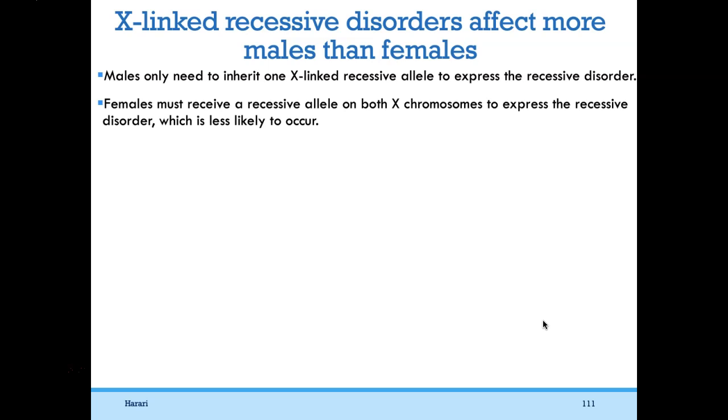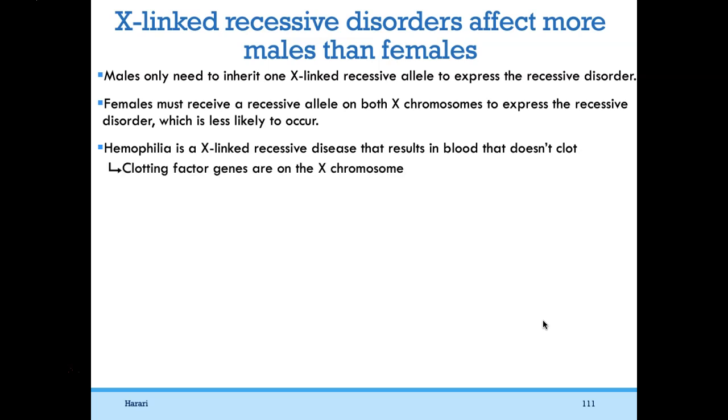Females must get 2 bad X chromosomes to express the recessive disorder, and that's less likely to occur. So what we see is X-linked recessive disorders are more common in males. Hemophilia is a good example of an X-linked recessive disorder. Hemophilia is a disease that results in blood that doesn't clot, because the clotting factor genes are on the X chromosome.